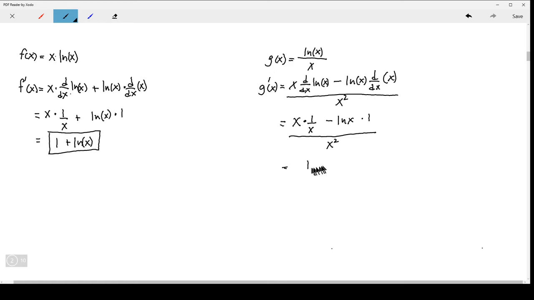So that's 1 minus ln of x times 1 is ln of x, all over x squared. Which again, that's as far as I can go with that. So there is the answer to that one. All right, so those are the basic problems. Let's get into something that's a little less basic.